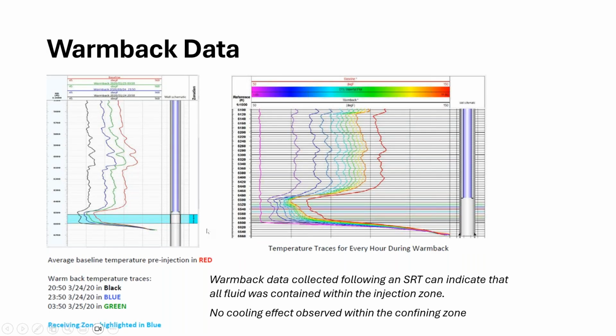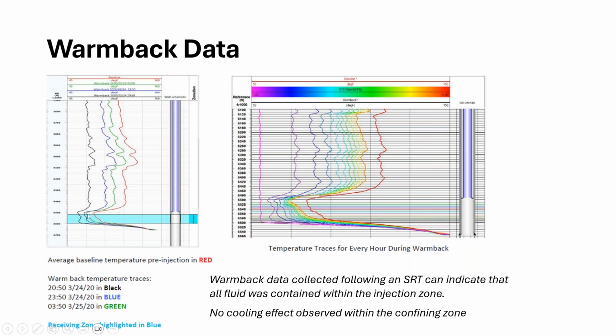Here is our temperature data that we like to collect. As you can see, after injection, the temperature is lowered. This is the formation interval here in blue, and it shows that as time progresses, the formation begins to rise in temperature. This is called the warm back. As that formation warms back, you can see that the injection fluid has entered that formation and remained there.